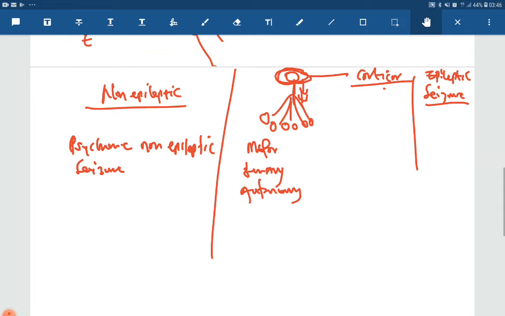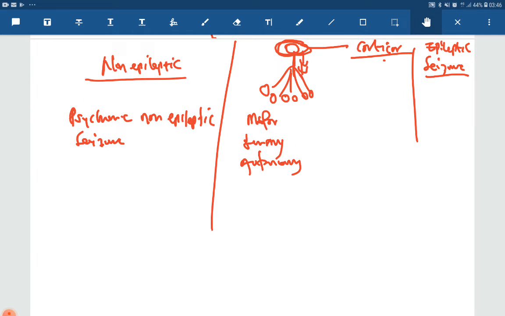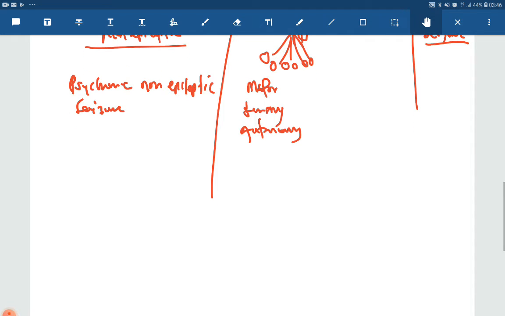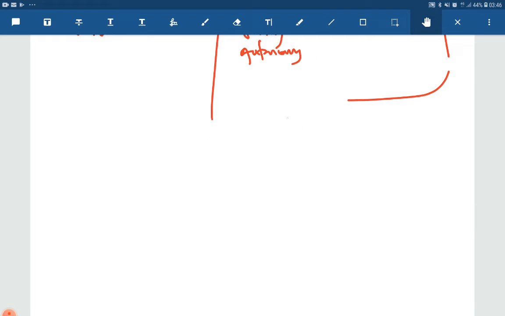So now, that means if you have a disruption of the brain function due to cortical discharge, that is epileptic seizure. Now, if you have an episode of this, that is a seizure episode.